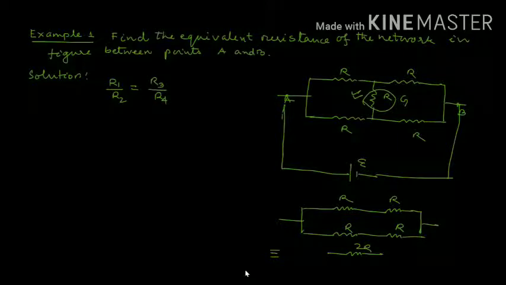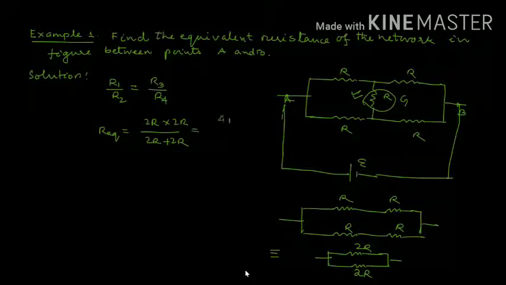This is 2R, and this is also 2R. Then the equivalent resistance is R equivalent equal to product by sum, 2R into 2R by 2R plus 2R, that is 4R square by 4R, which is equal to R. So this is the equivalent resistance between points A and B.